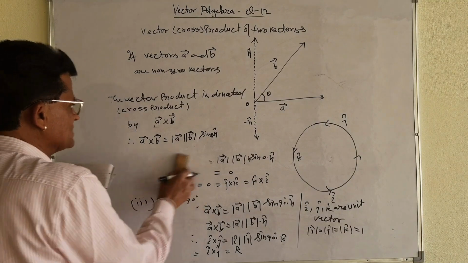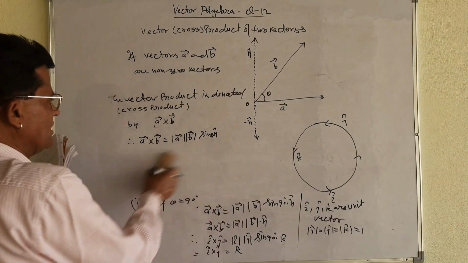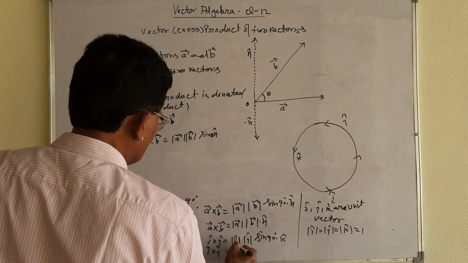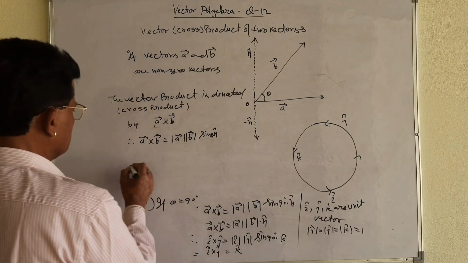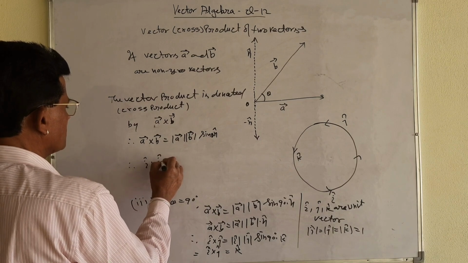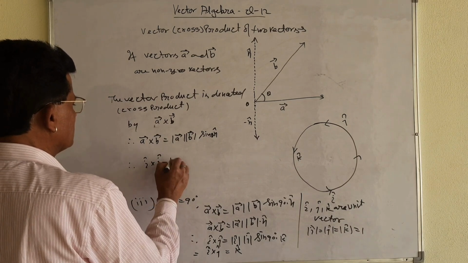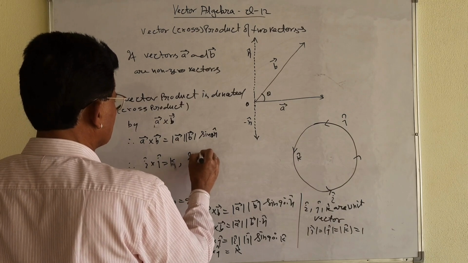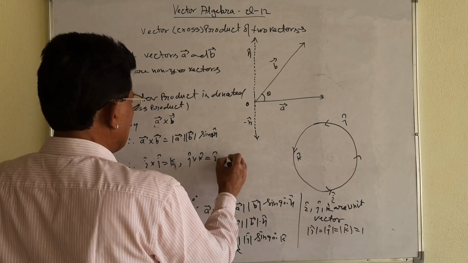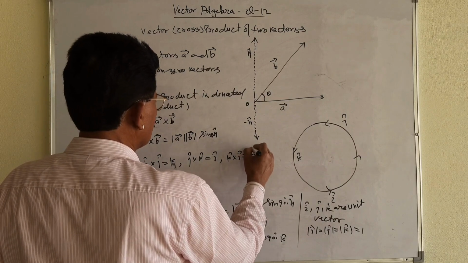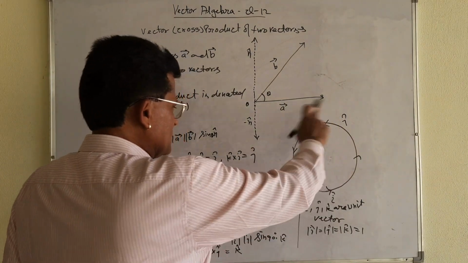You see, I am discussing the very important results which will help you to find out the solution of the question. Otherwise, it will be very difficult to find out the solution of the question. That is why I cross J will be K, J cross K will be equal to I, and K cross I will be equal to J. That is anti-clockwise only. Okay?